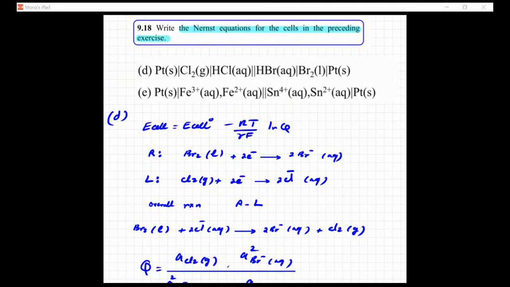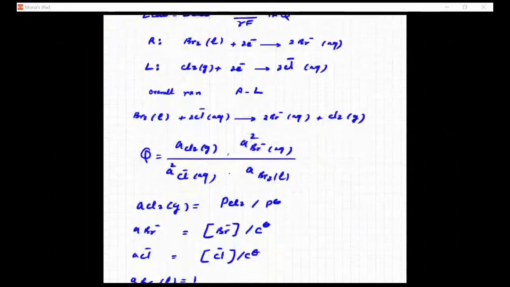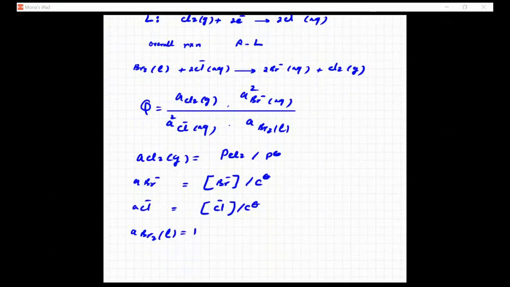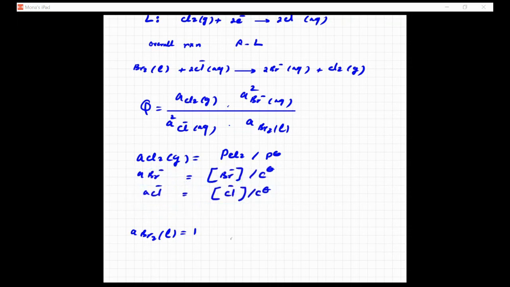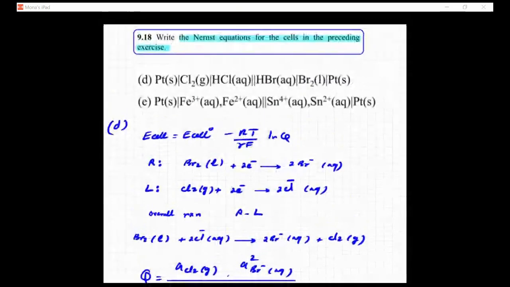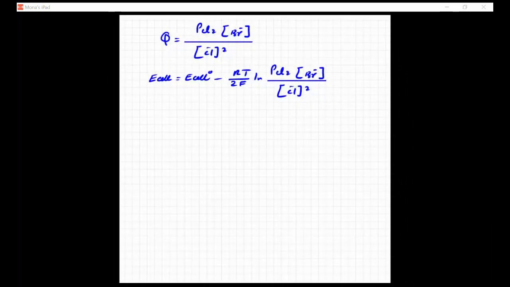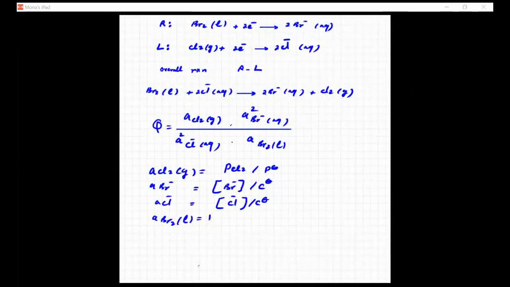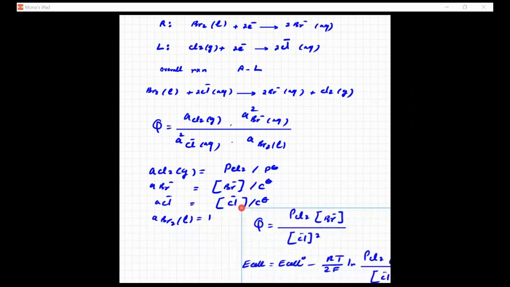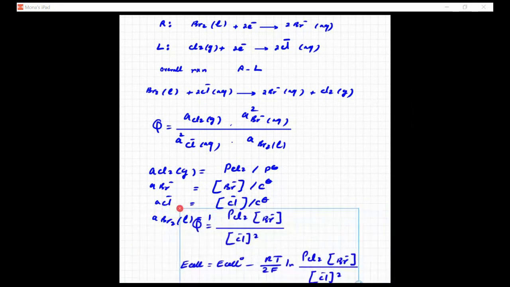We saw two parts in 9.17, D and E. I solved the question for part D. We are going to repeat the same thing and solve the question for part E. So you just need to put that all together, so as to make sure that we have it here in one place, because I will need to get back to it.